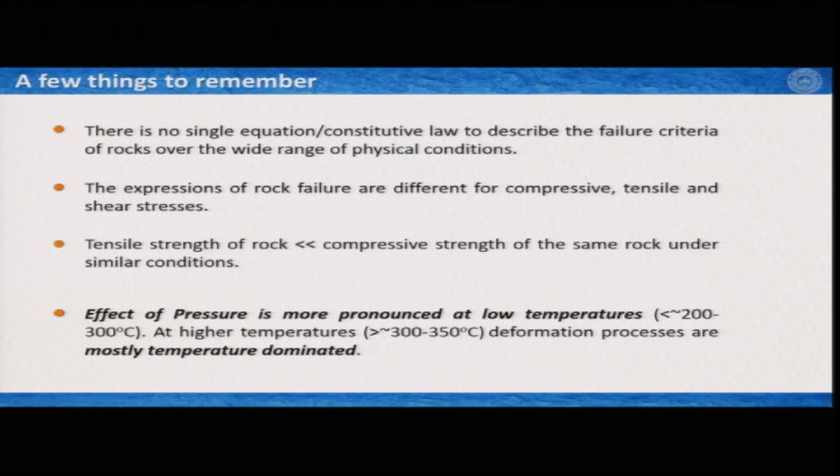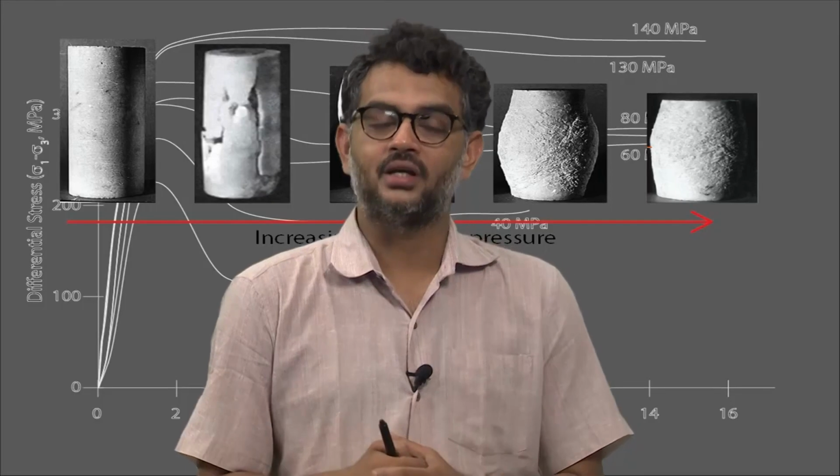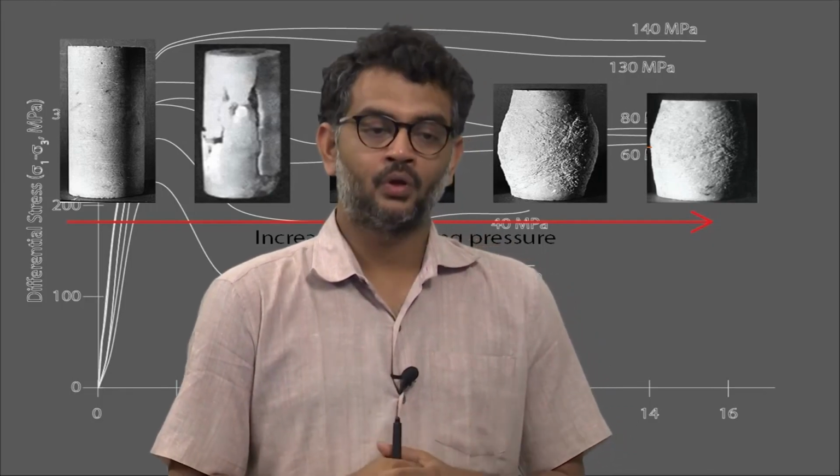And it is also important to understand that the expressions of behavior of the rock, and the failure patterns and failure mechanisms are essentially different depending on the regime of the stress you are applying. That means, if you are in the compressive domain, the behavior is different to that of tensile and shearing domain.